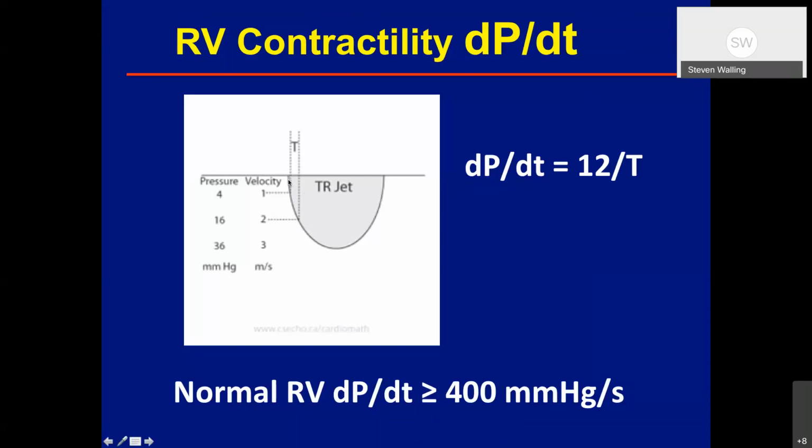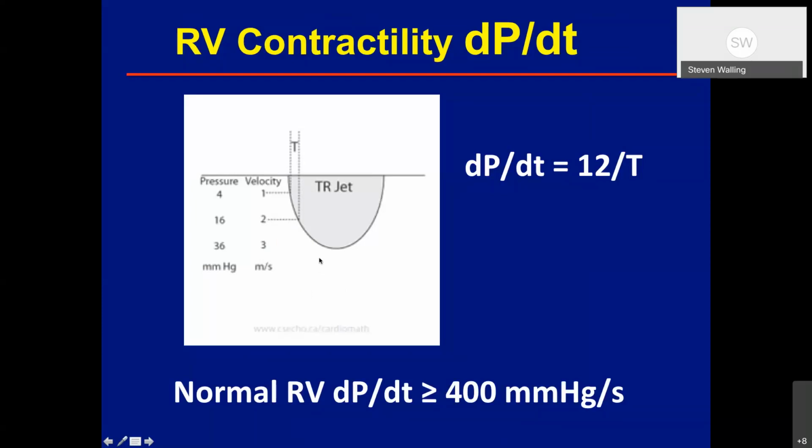The formula is very similar, dP/dt, and the slight difference is the definition, because the RV flow usually is very short. It often goes up to 2 meters, 3 meters per second, which is pretty big, and for the mitral valve regurgitation, it can easily go up to 4 meters, even 5, 6.